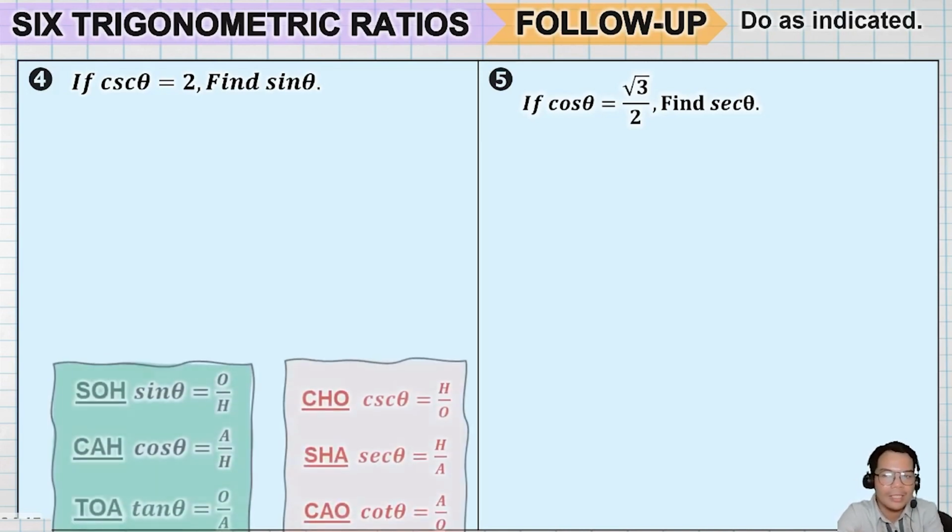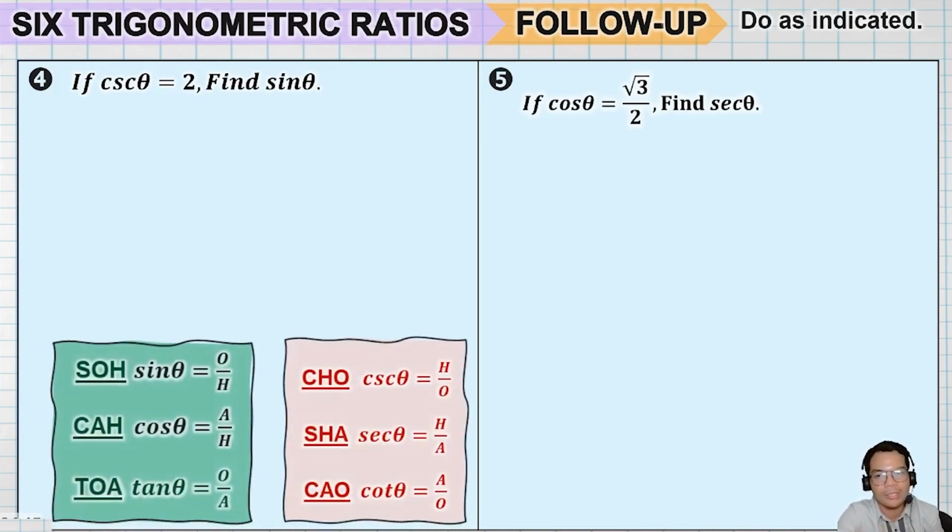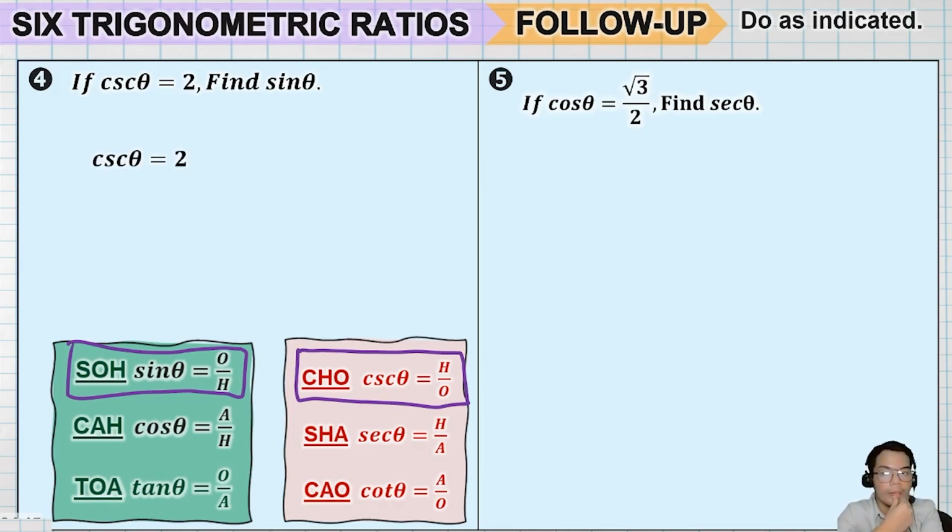If you notice and compare the trigonometric ratios that we have, you will notice that cosecant theta is here and it's actually the inverse of sine theta, which is the one that we are looking for. So kung ang cosecant theta mo is 2 at ginawa natin tong fraction para mas mukha talaga siyang ratio, 2 is equivalent to 2 over 1.